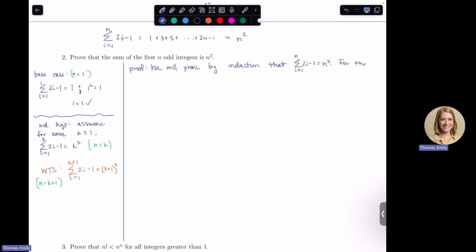For the base case, let n equal 1. Notice the sum from i equals 1 to 1 of 2i minus 1 is 1, and 1 squared equals 1. Clearly, 1 equals 1, so the base case holds.